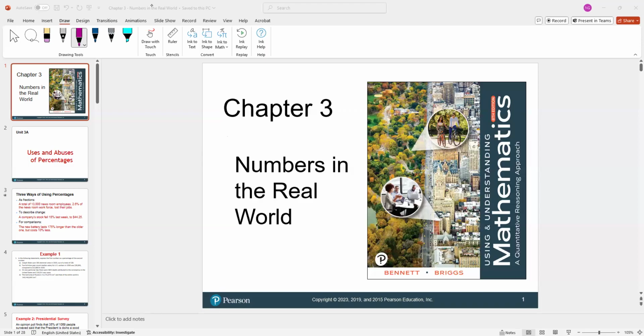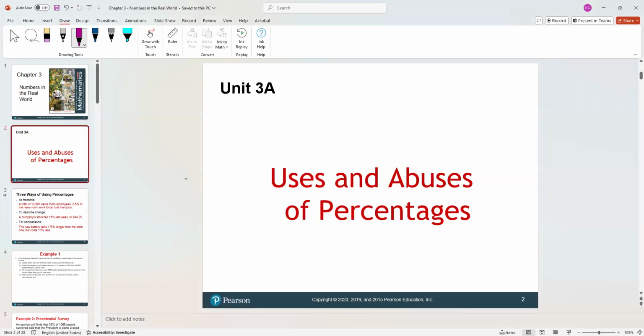We have real numbers and then you have complex numbers, but in this case, we're going to focus on numbers in the real world, right? Every time we deal with counting, and that's what we're going to do.